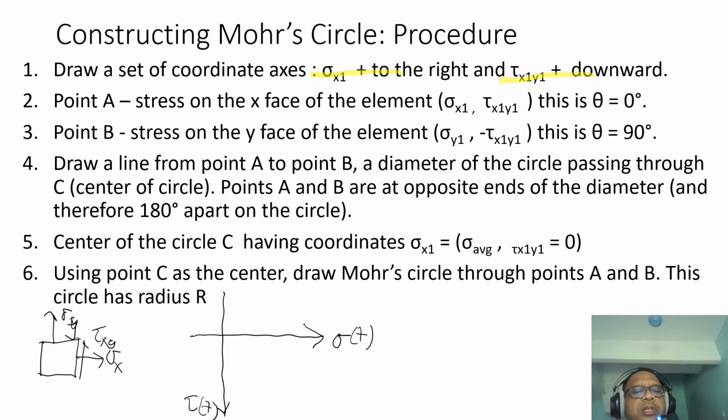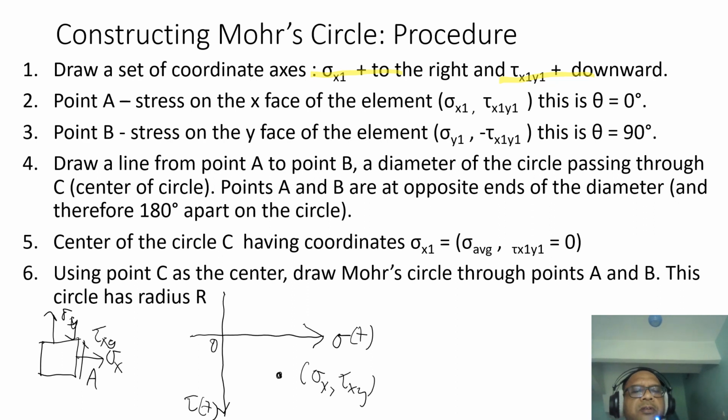So you can now draw that point. Point A is sigma x, tau xy. Let's assume it's all positive. So this is point A. And point B is also positive, unless it's negative, then you have to go on this side. So this is 0.